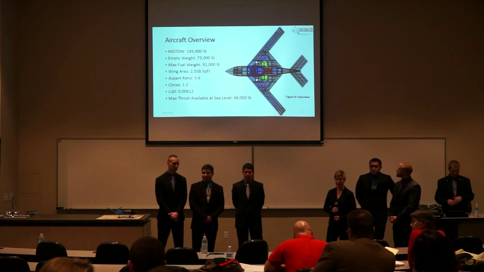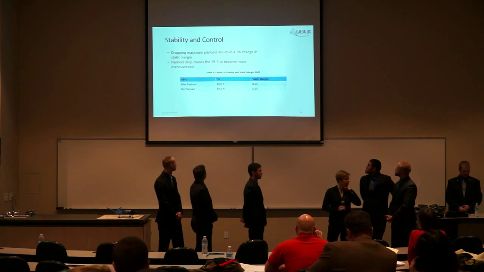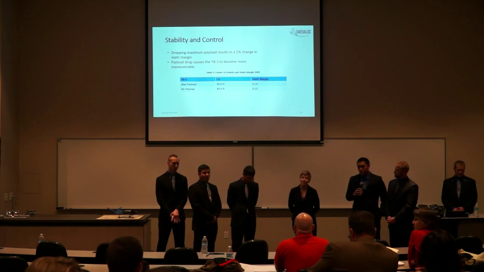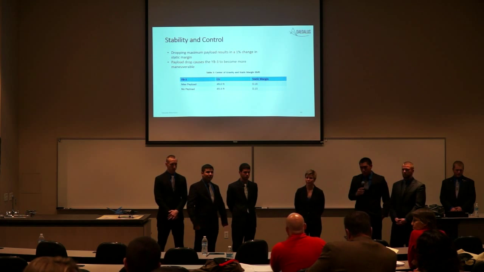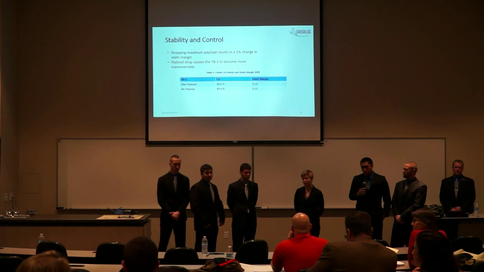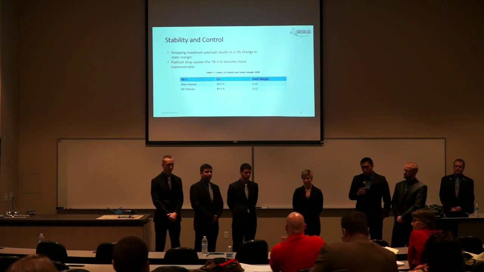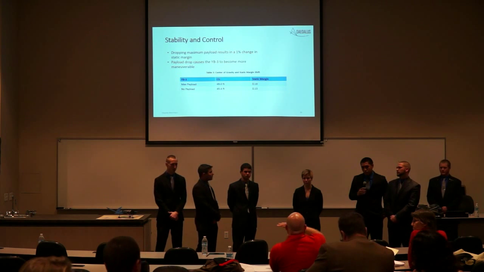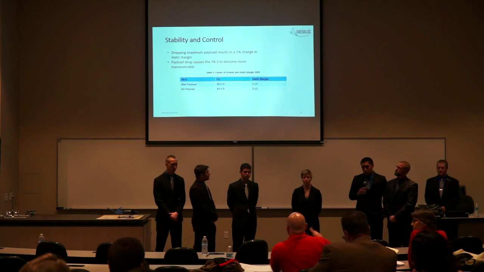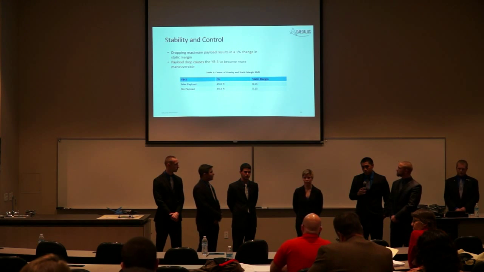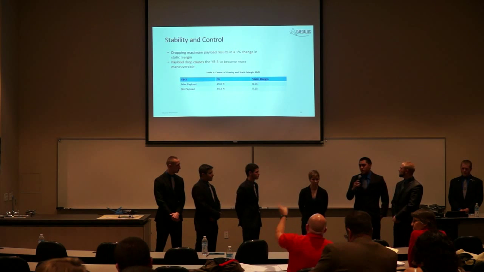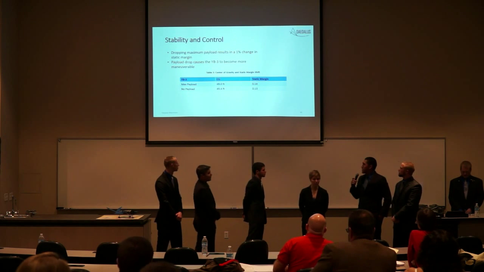Slide 36. With the CG stuff, it would be beneficial to see, instead of just those 2 points, how your CG changes over the course of your mission. You take off, you burn fuel, now I drop payload, how does the CG change, and then how does it change as I go home? You just show it over the course of a flight. I know it's kind of shown on the next slide a little bit.